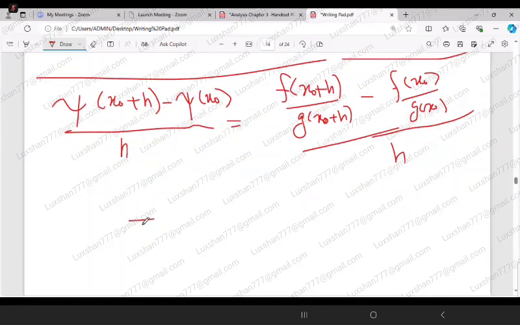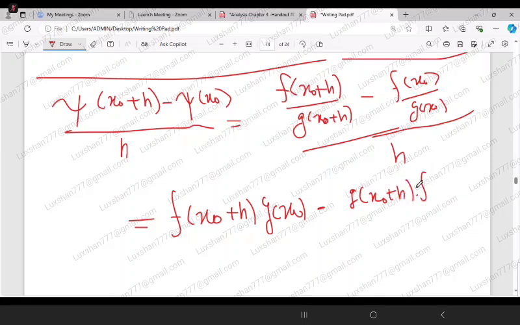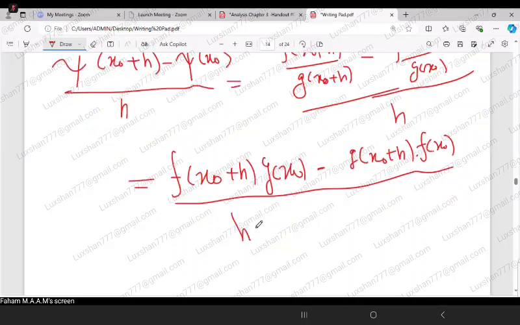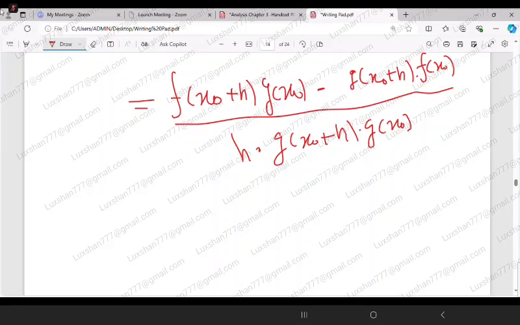So if you simplify this, this becomes f of x naught plus h into g of x naught minus g of x naught plus h into f of x naught, over h into g of x naught plus h into g of x naught. So whatever terms you want, you can add, and whatever terms you don't want, you can remove.